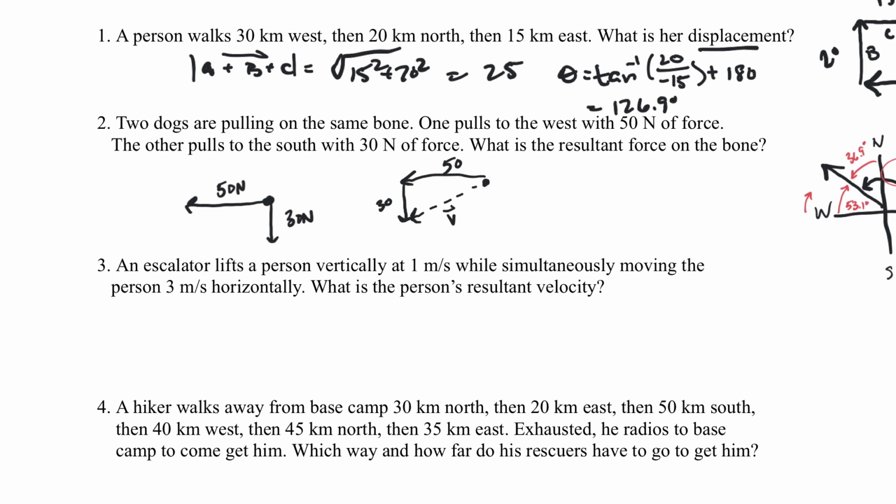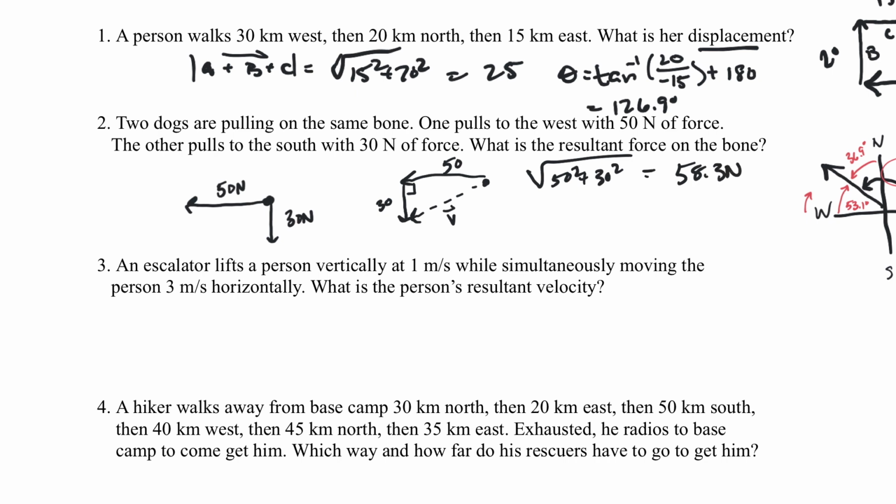Now, technically it's asking for just the resultant force. So I've got a right triangle here, and yes, it's as simple as it looks. I could simply do the Pythagorean theorem and be done with it, right? So we'd say the square root of 50 squared plus 30 squared, and that would get me my 58.3 newtons.